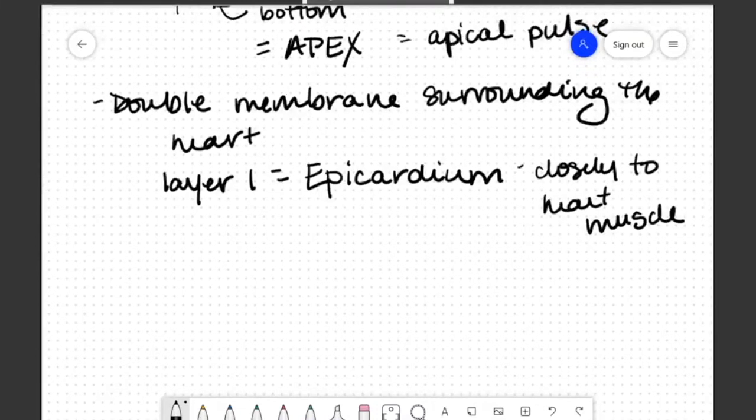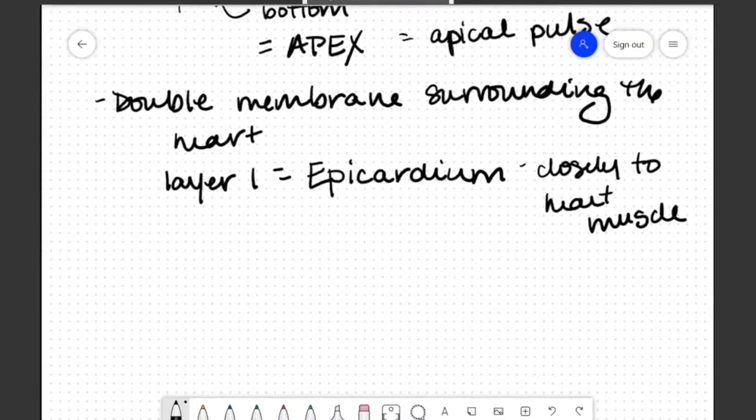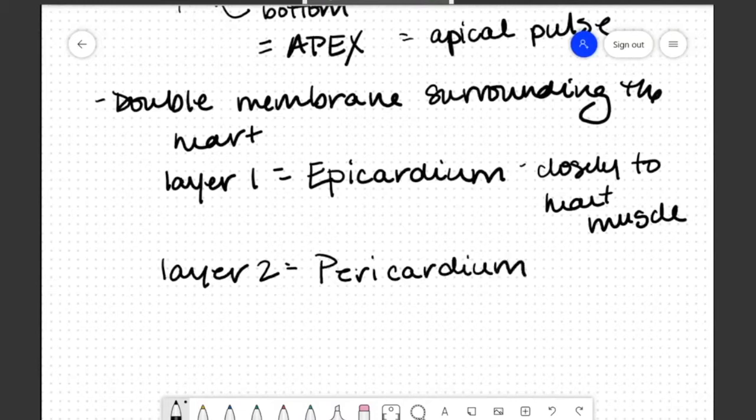Then you're going to have the layer 2, and that is going to be the pericardium. These terms should be familiar because we had an epi and a peri when we talked about epineurium and perineurium in semester 1 in the nervous system. And then there was the perimysium and the epimysium when we talked about muscles in first semester AMP1.